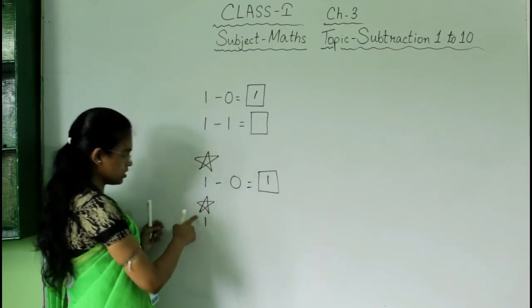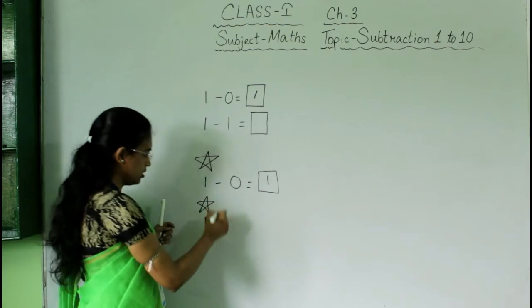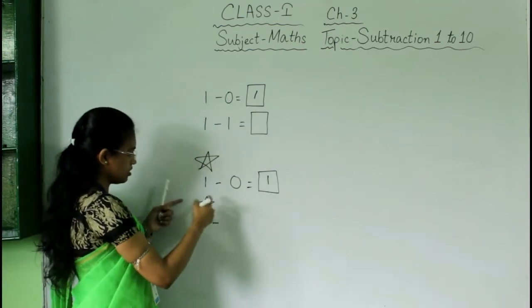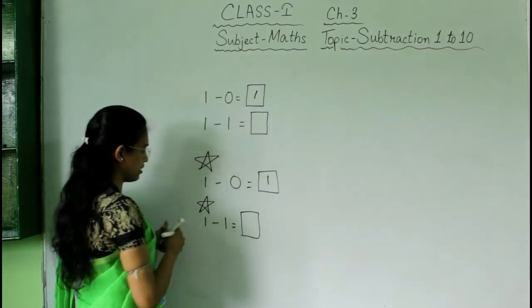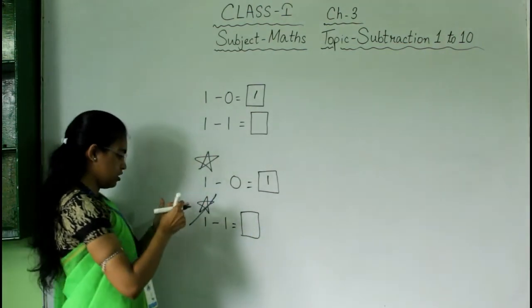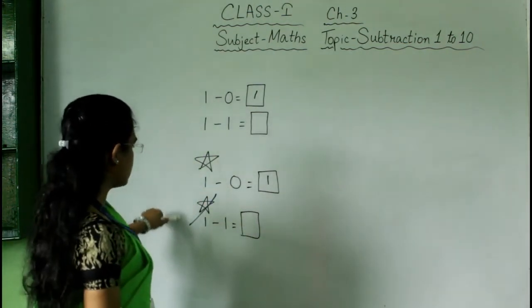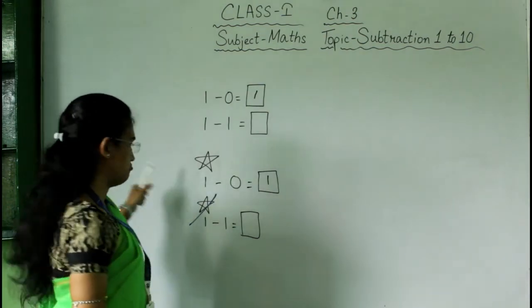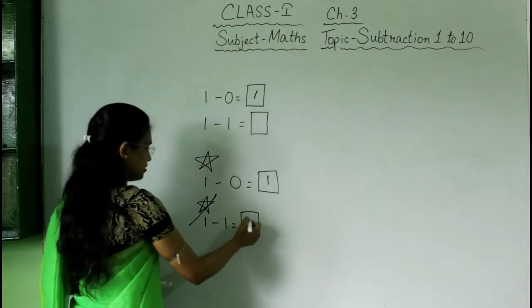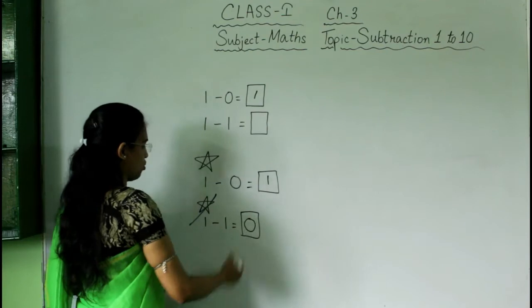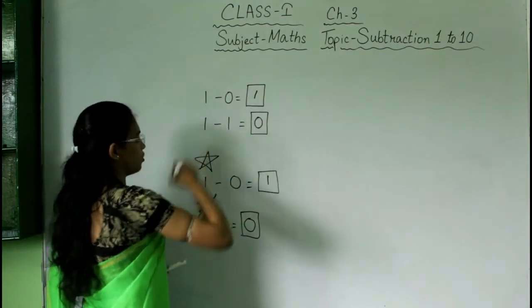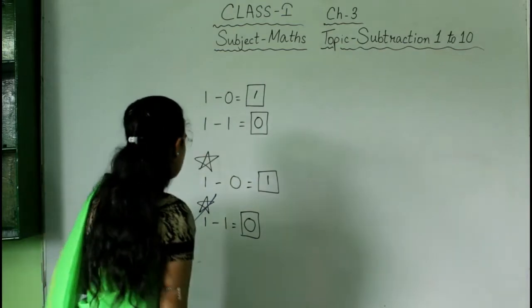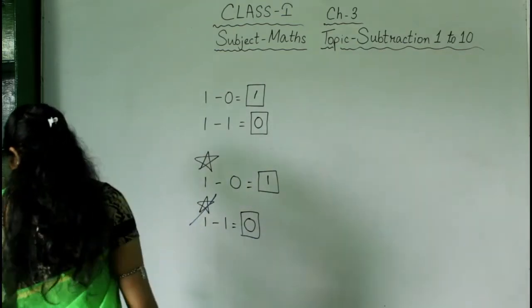First you have 1 star, you have written 1. Then you have given this star to your sister. So now how many stars do you have? Nothing. Nothing means 0. So 1 minus 1 equals 0. Okay. Now next question.